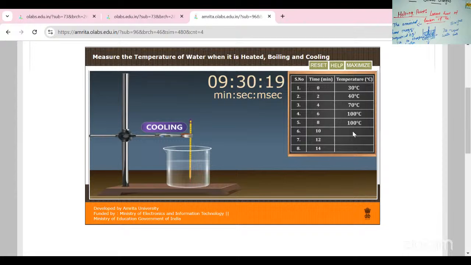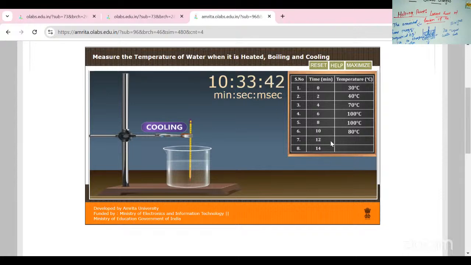The temperature level will be decreased from 100 degrees Celsius. Yes, 80 degrees Celsius. After 2 minutes, the heat is decreased from 100 to 80. Each and every 2 minutes, the water temperature level is decreased in this place.